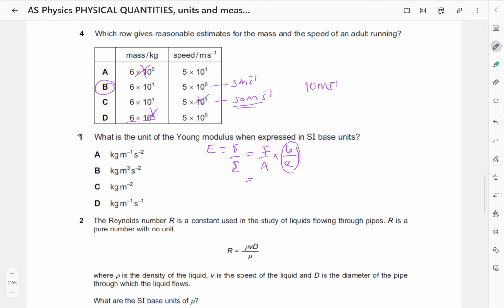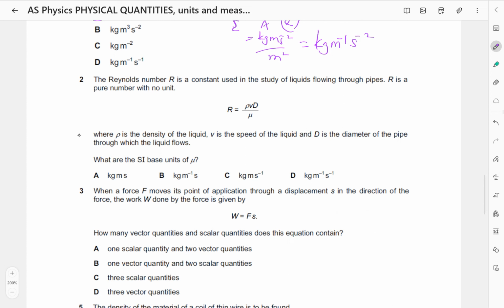We remain with the unit of force, which is kilogram meters per second squared, divided by meters squared. So this becomes kilogram meters to the power -1, seconds to the power -2, which is kilogram per meter per second squared, which is A.